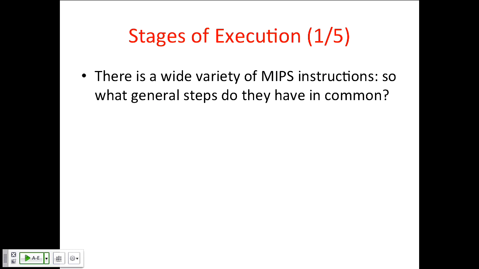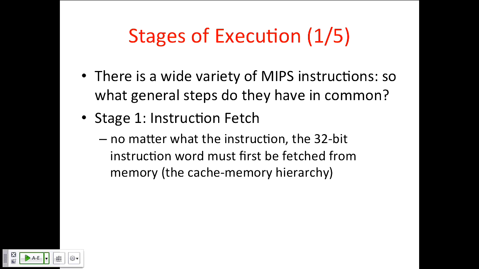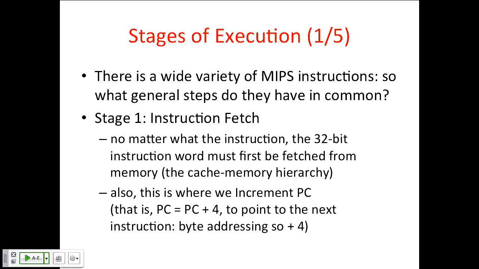Now the first stage is one that every instruction has in common, instruction fetch. So remember, this is a stored program computer, so the instructions are stored in the memory of the machine, right, in the program space. So the first thing the processor has to do is read those bits from memory into the control unit so it knows what you're supposed to do next, like what's the next instruction. So this involves taking the current value of the program counter, the PC.